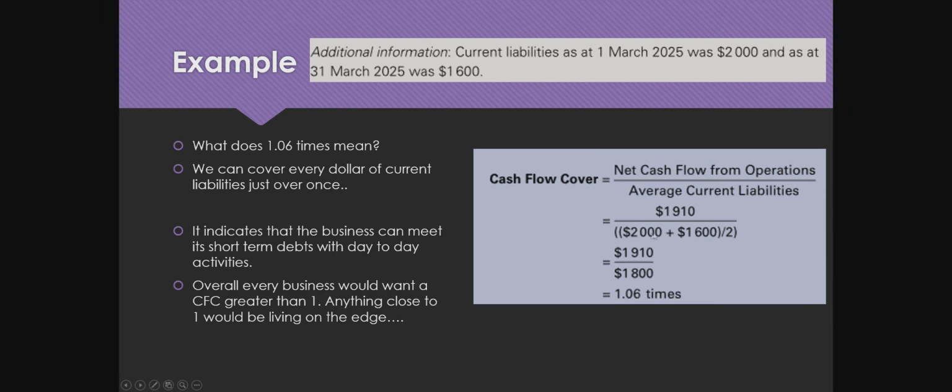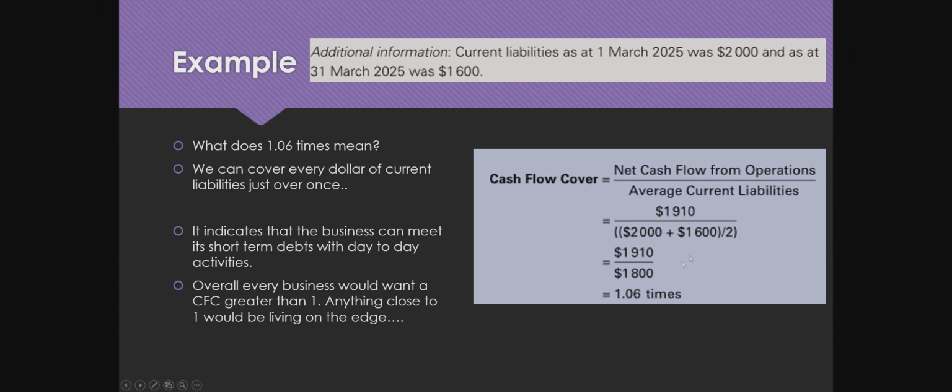You divide that by our average current liabilities, which is $1,800, and it gives us 1.06. What does 1.06 mean? Well, it tells us that for our current liabilities, we have 1.06 times the amount of money available to cover it.